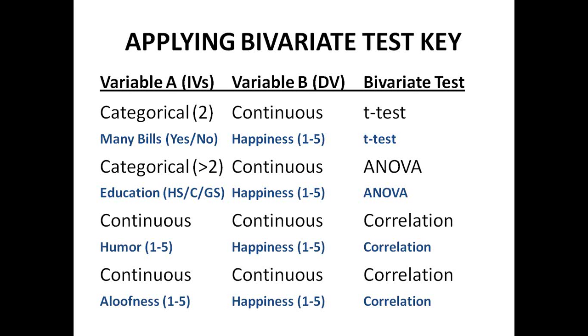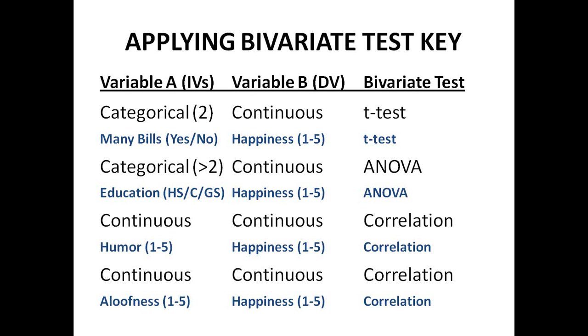Then we have our two continuous variables, humor and happiness, a correlation, and also our continuous variable, aloofness, and happiness, continuous, a correlation also.